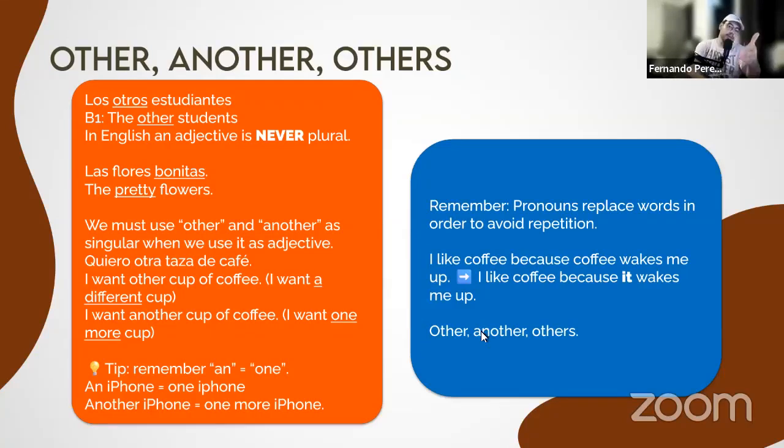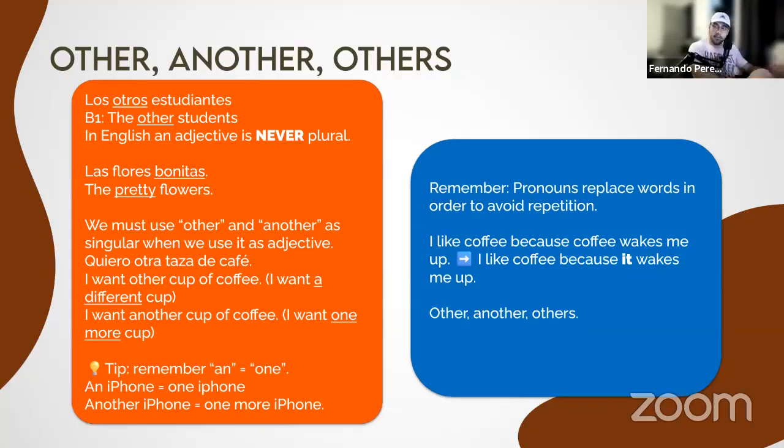The first two exist as an adjective. The word others doesn't exist as an adjective because adjectives are never plural. But the three are pronouns. Let's avoid repetition using the words other, another, and others.